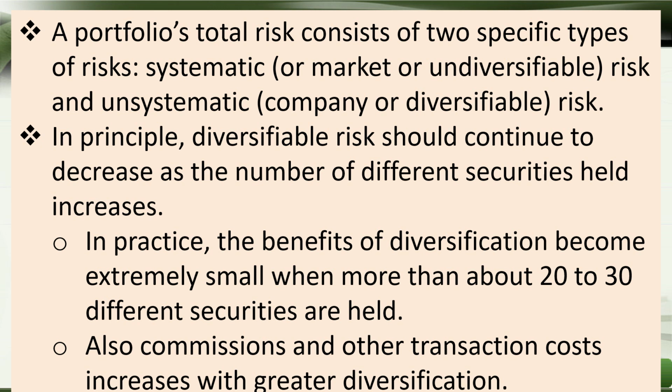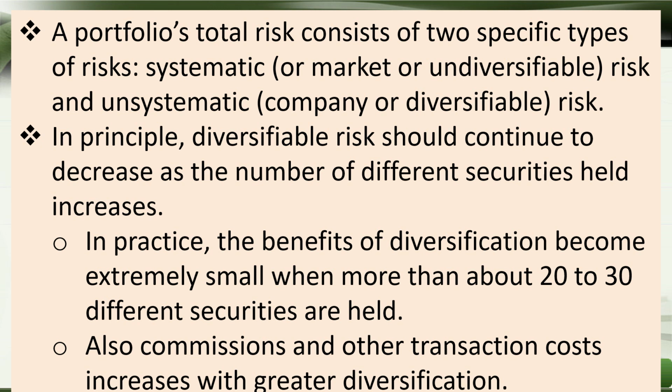In practice, the benefits of diversification become extremely small when more than about 20 to 30 different securities are held. This is very important. The smaller is better to manage. If we complicate ourselves by having more than 20 to 30 different securities, then we cannot expect that kind of diversification benefit. This is also part of the exam questions that we need to understand.